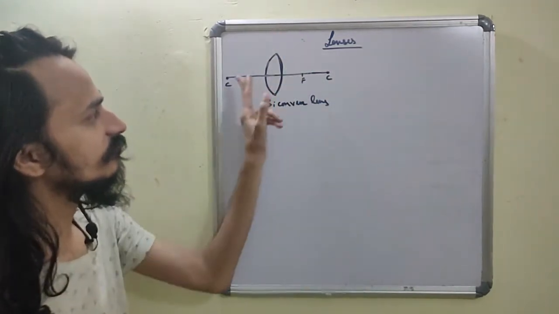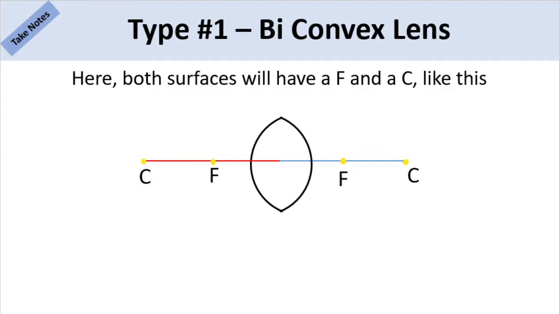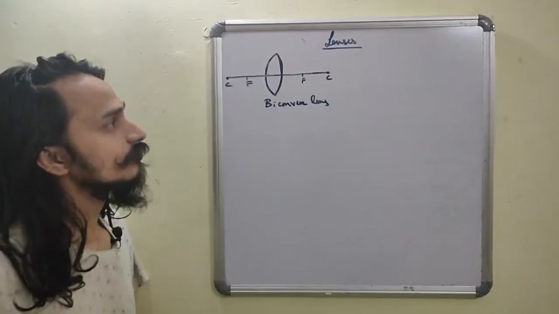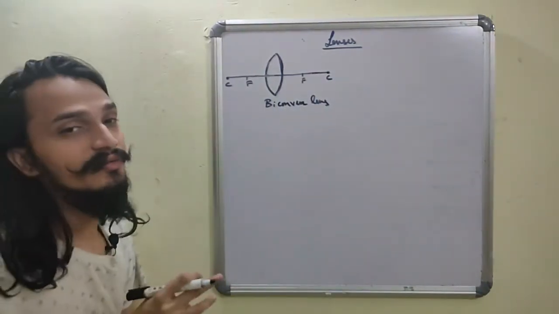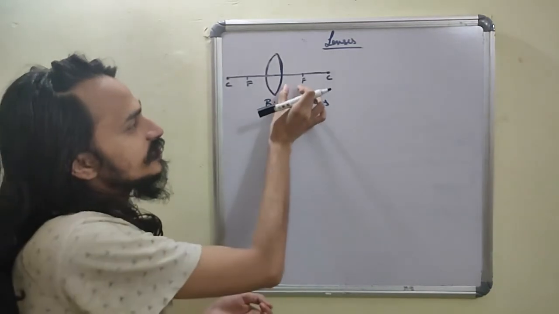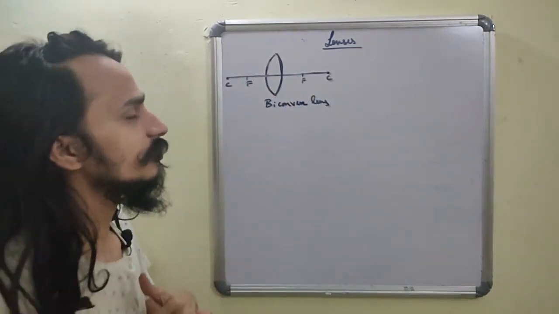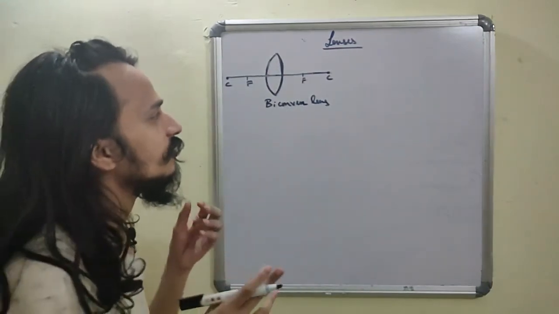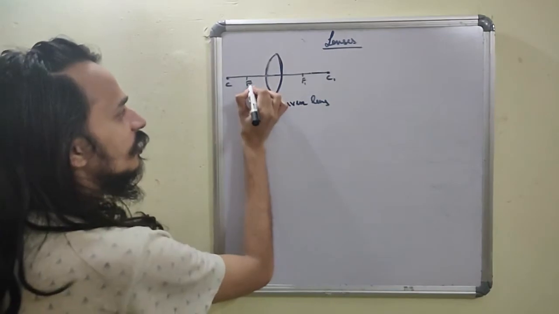The second curve will also have F and C. Now, how do I distinguish between these two? Because they can be different, okay? So it's not necessary that this F and this F are the same. It completely depends on how the lens is made. So what we'll do is, we number this as F1, C1, F2, C2.